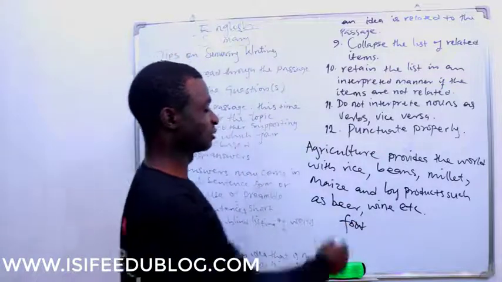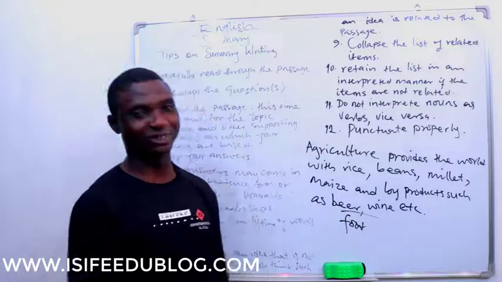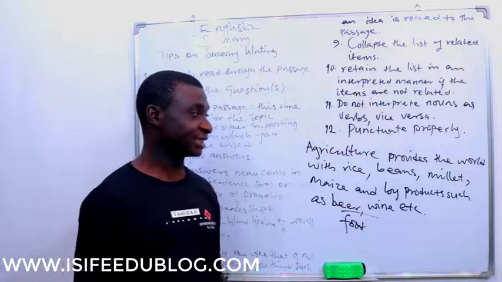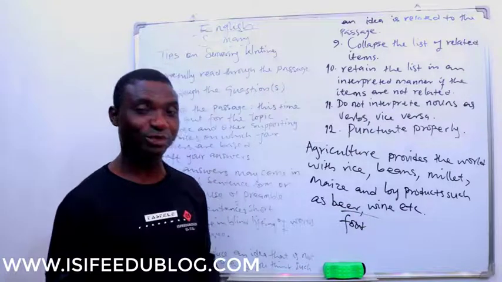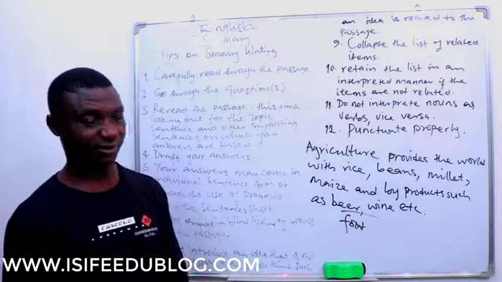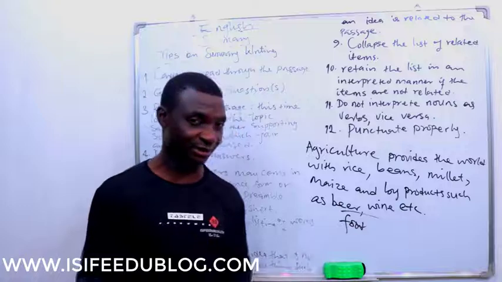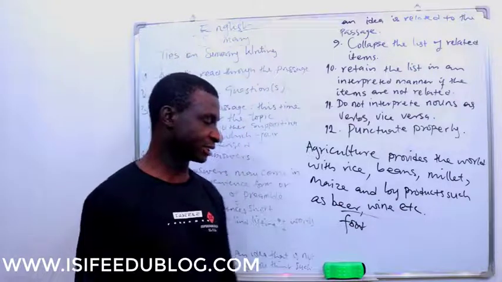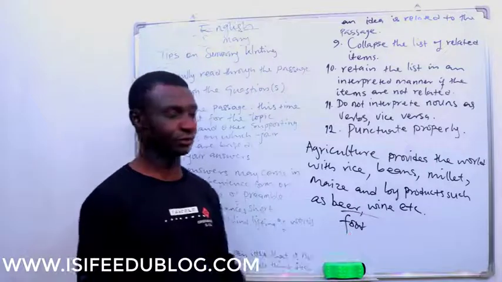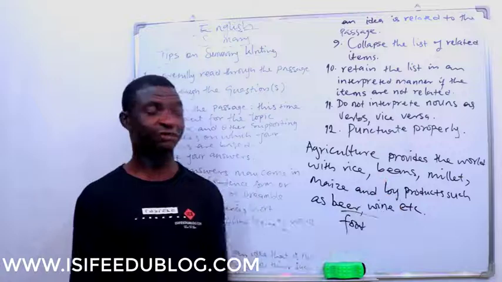Even beverages are also food. So what do I mean? When you have a list like this, the items in the list could be summarized because they are saying the same thing. Just to point out the different kinds of that same thing, you summarize. Agriculture provides us with food.